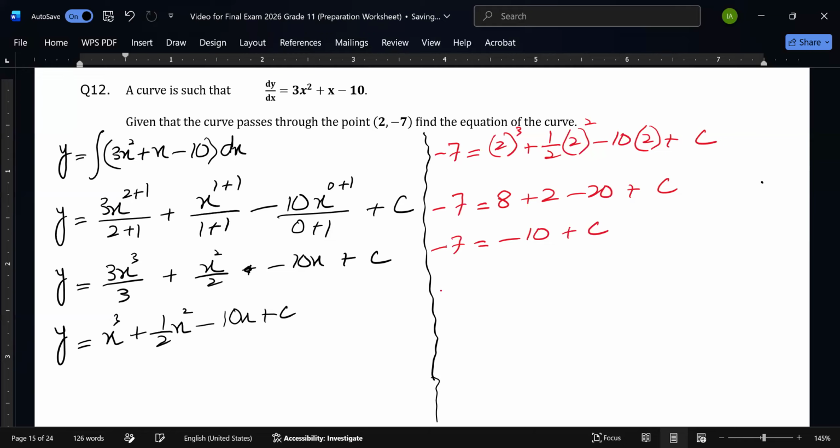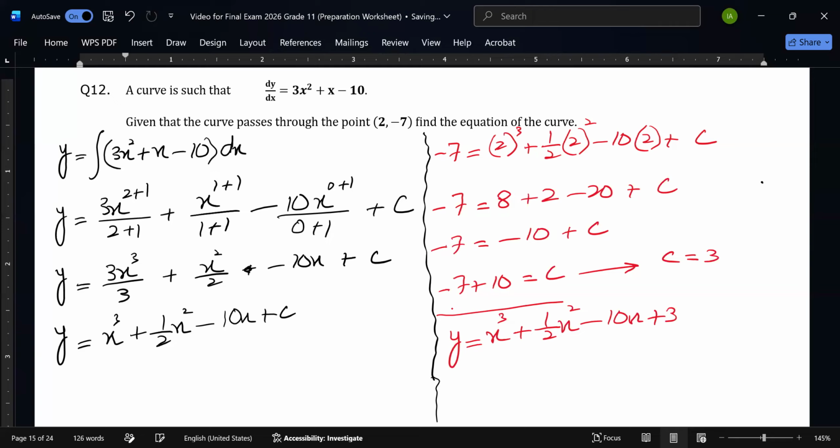We move, this is plus 10, and the c will be 3 now. But we are looking for the equation, that's why we put back the c into the original equation, and the equation will be y is equal to x cubed plus 1 over 2x squared minus 10x plus 3. This is the required equation of the curve.